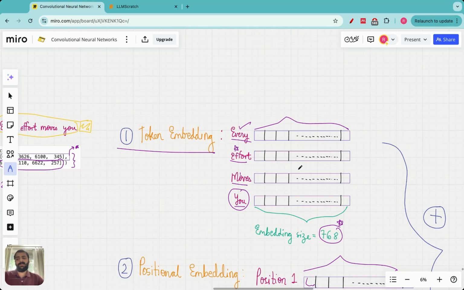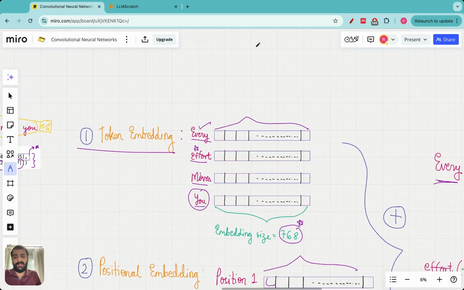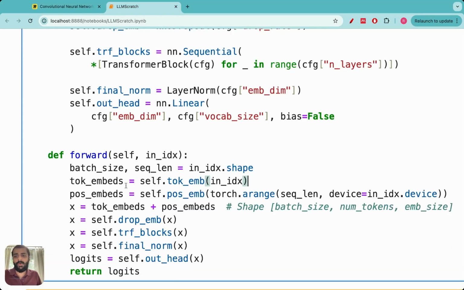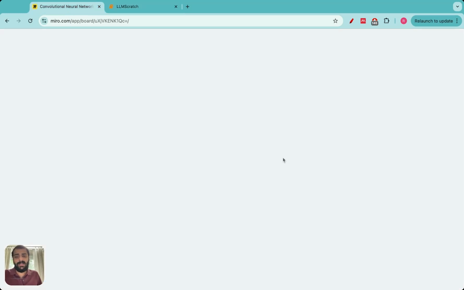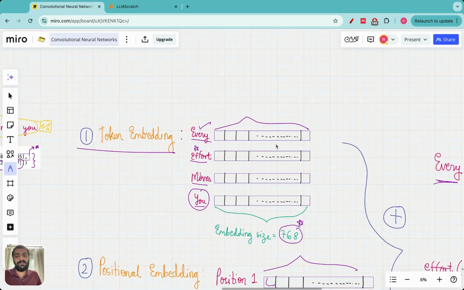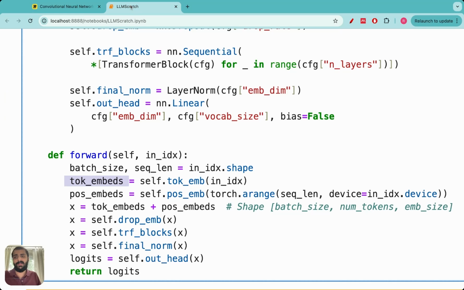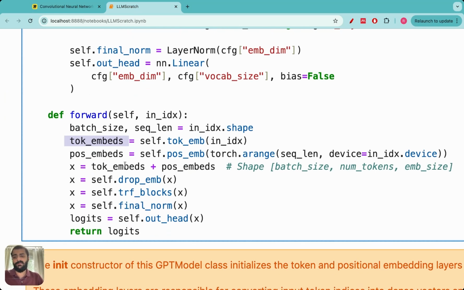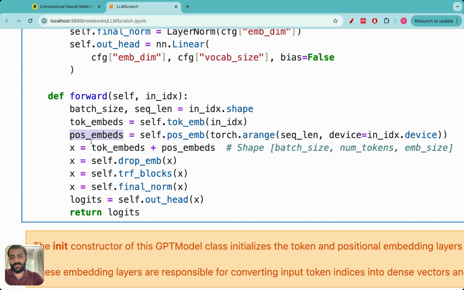Yeah, look at the first step over here, which was titled positional embedding. When you look at this code, the token embeddings are essentially this kind of a tensor, where for every token you have the 768 dimensional vector. Similarly, you can think of the same visualization for positional embeddings.